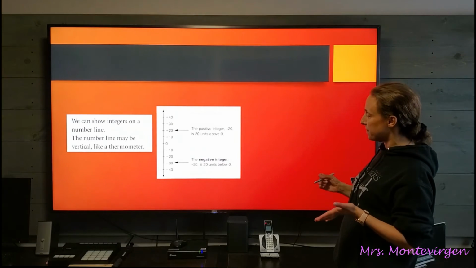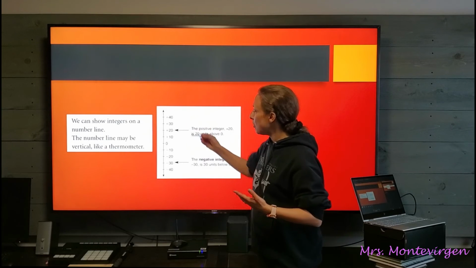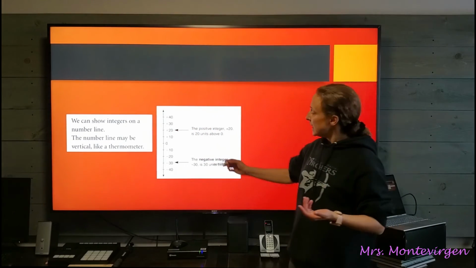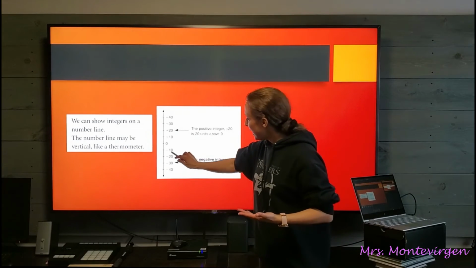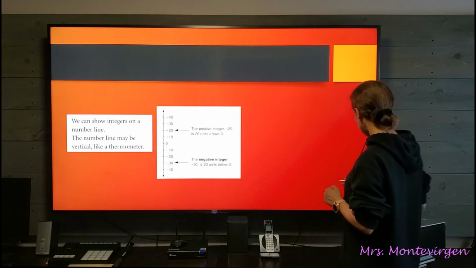All these are very familiar territory. When I go above 0, these are all my positive numbers. You'll see I have all my positive digits. And when I go below 0, I have all my negative integers, and I can tell because I have all those negative signs.